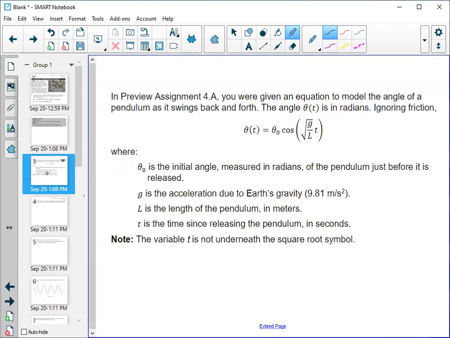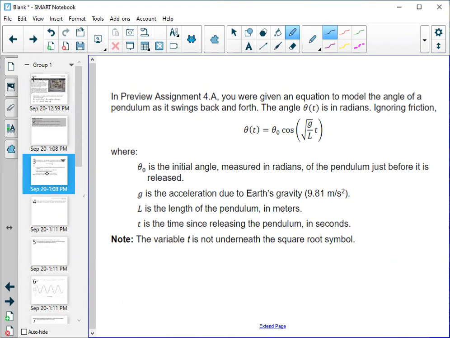In preview assignment 4A, you were given an equation to model the angle of a pendulum as it swings back and forth. The angle theta of t is in radians. Ignoring friction, theta of t is equal to theta sub 0 times cosine of the square root of g over L times t, where theta sub 0 is the initial angle measured in radians of the pendulum just before it is released.